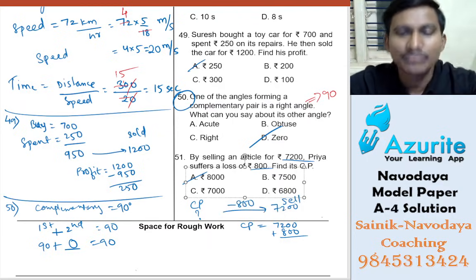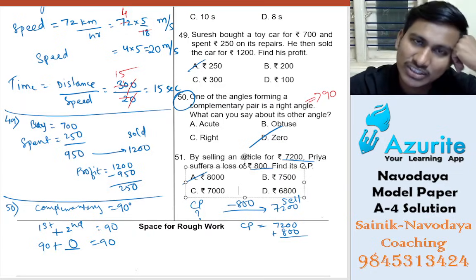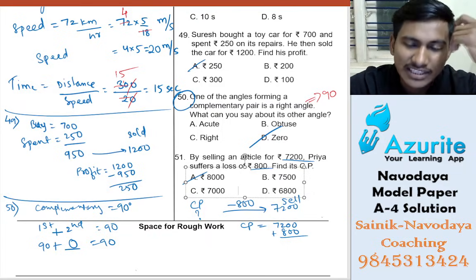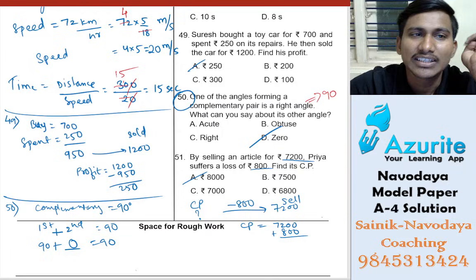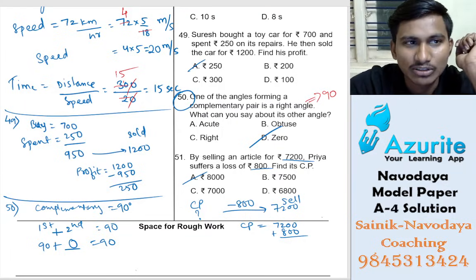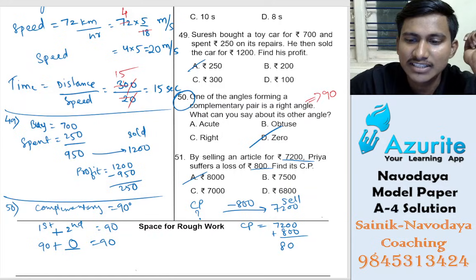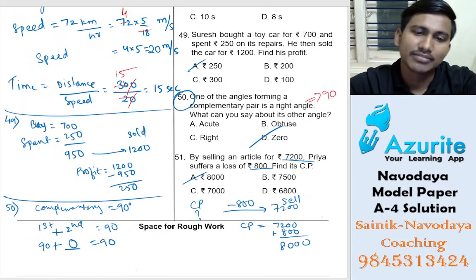So if you add selling price plus loss, you will get cost price. So 7,200 plus 800 will be how much? That is 8,000. Answer will be 8,000. That is option A here.